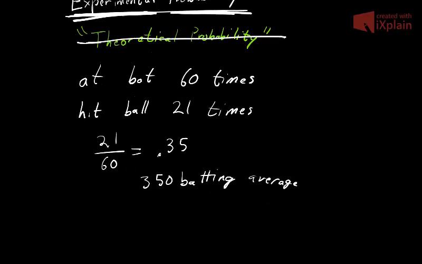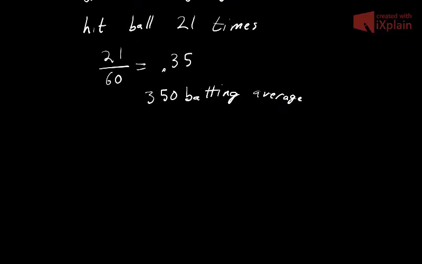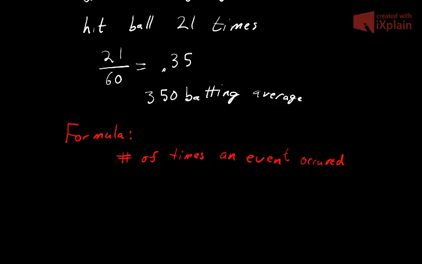So our formula for this, I'll go ahead and write that down. The formula is always going to be the number of times an event occurred. In our case of the batter, that event would be hitting the ball, divided by the number of trials we did.